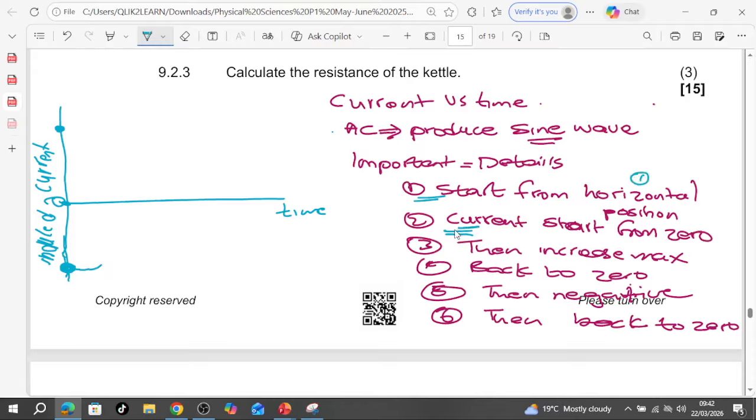Then number 2, the current starts from 0, already indicated that. Number 3, it increases to max. It creates the max there, and then back to 0, and then again negative. Yeah, and then that's it. This is the graph you can give them.